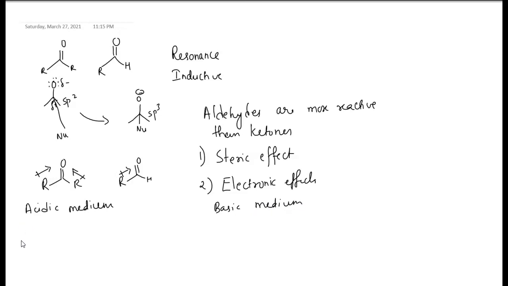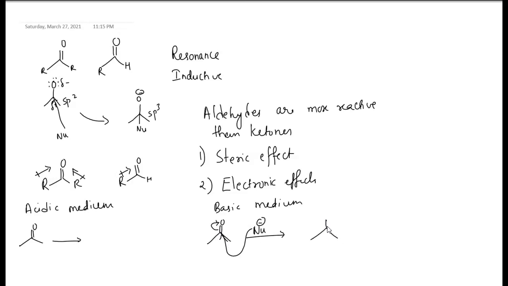So for example, if you have a ketone here, under conditions of basic medium, we can describe it first. Under basic conditions, the first step is where the nucleophile attacks. Let's put this as negatively charged, attacking here at the carbon atom, pushing the electrons towards oxygen.